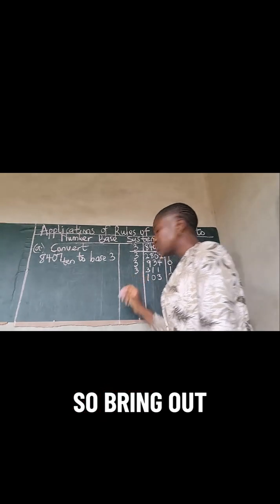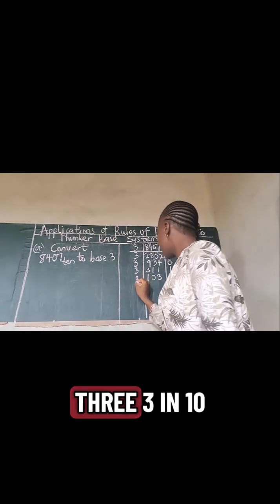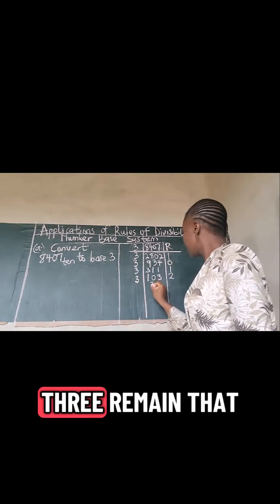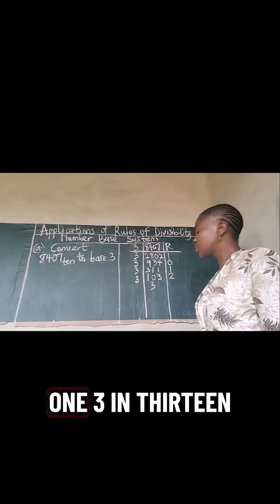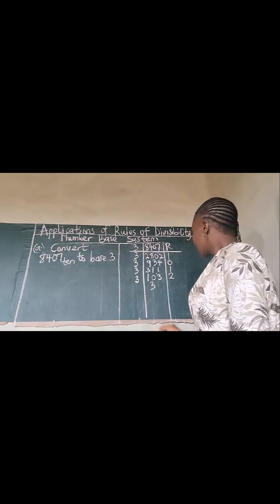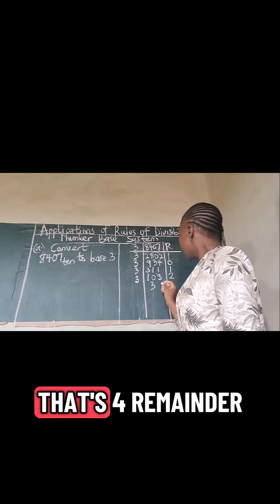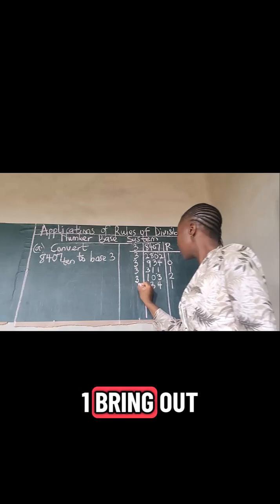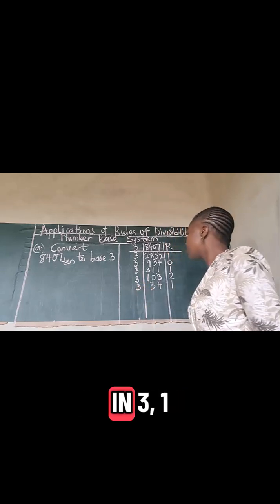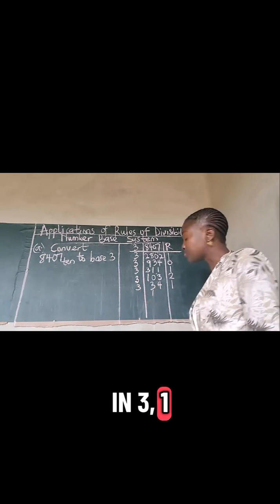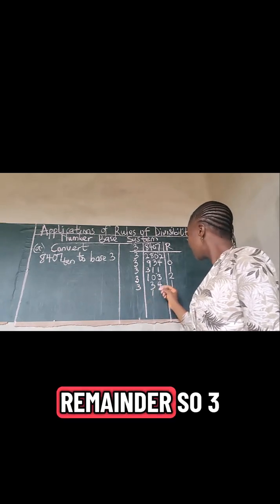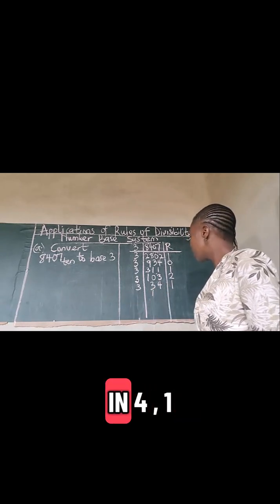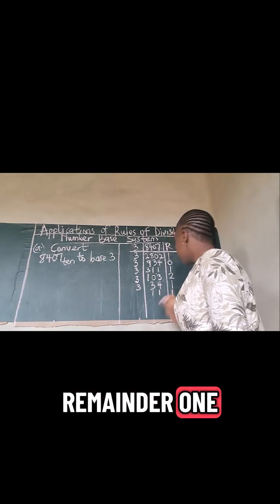So bring out your 3 again. 3 in 10, 3, remainder 1. 3 in 13, that's 4, remainder 1. Bring out your 3 again. You have 3 in 3, 1. 3 in 4, 1, remainder 1.